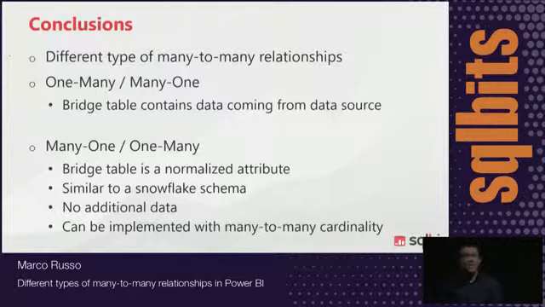The bridge table is just a normalized attribute, like a snowflake schema. In the classical many-to-many relationship, we need a bridge table that comes from the data source. Okay? We have seen that this new kind of relationship in Power BI can be obtained using a simple relationship, but of course, it's useful, it's something that if you know what you're doing, can be used in a safe way.